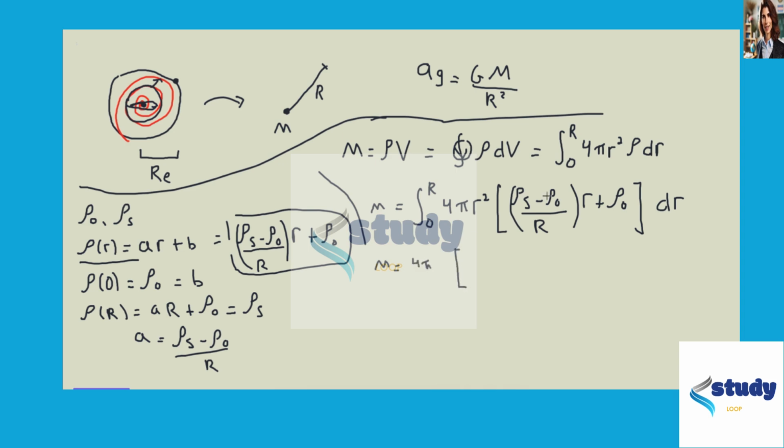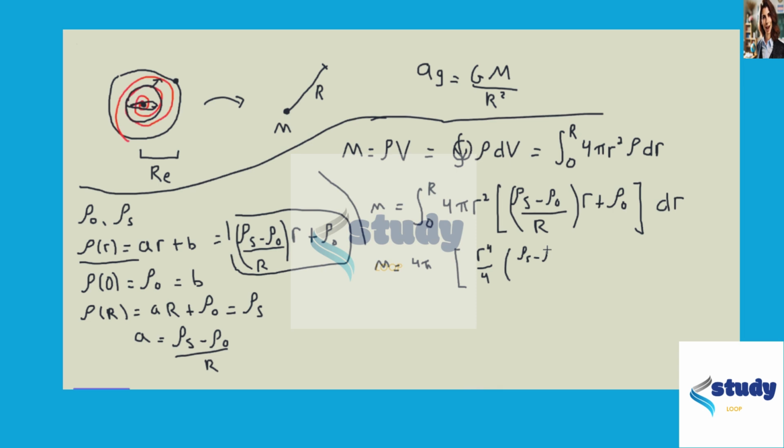And so then this first term of the integral, we would have r cubed, so that should be r to the fourth over 4, and then times this constant here, rho sub s minus rho naught over R. And then this term would be multiplied by r squared, so we should then have r cubed over 3, and that's also times rho naught.